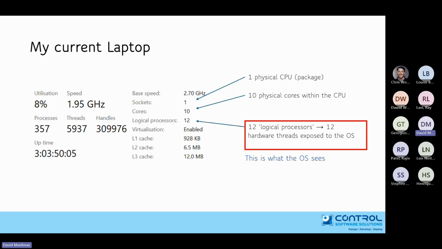But we've got 12 logical processors. This is what the operating system sees. So it sees these 12 processors, which we call logical processors. What that tells me is that because we've got more processors than cores, we've got hyperthreading in there as well.